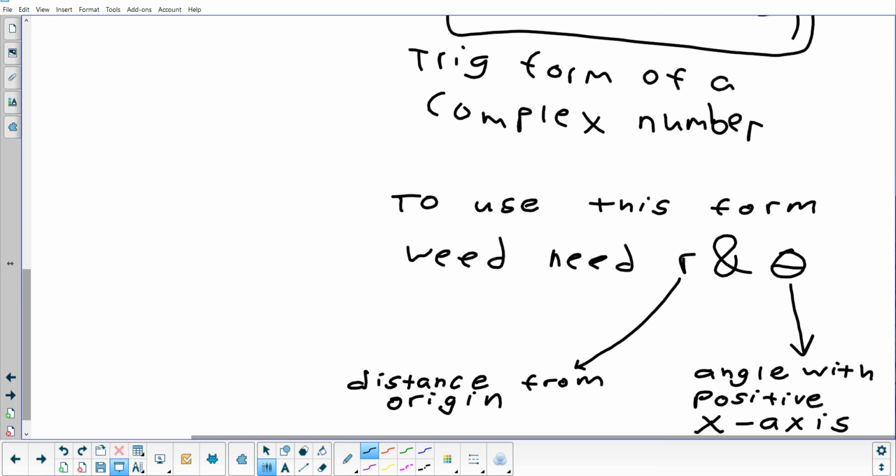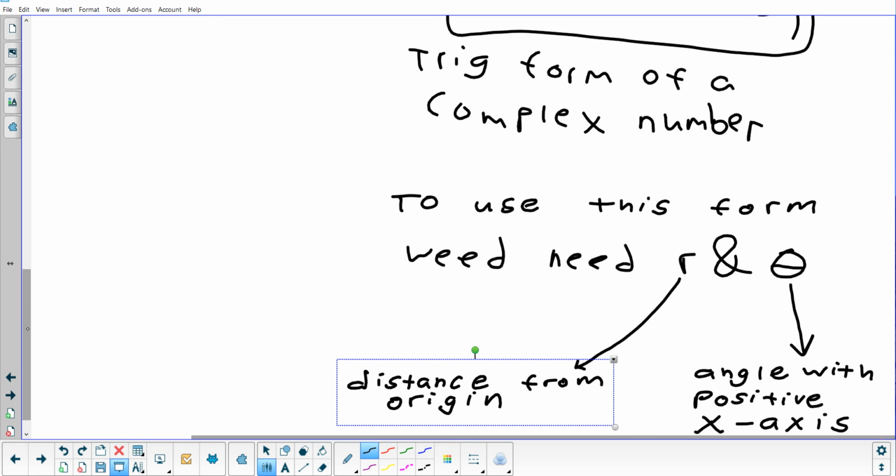That's the distance from the origin. What did we call this earlier? The distance from the origin is just the what in my complex number? Absolute value. All right. So when you find the absolute value of your number, you're doing part of what you need to do to write it in trig form.